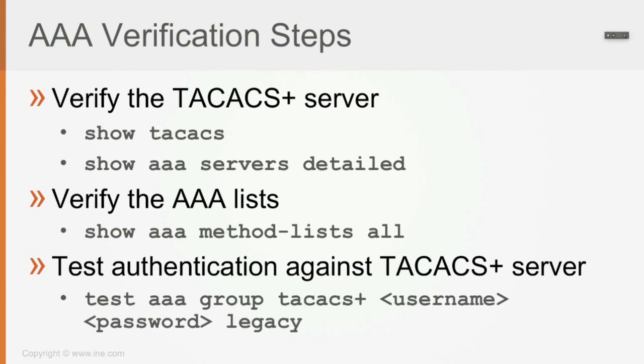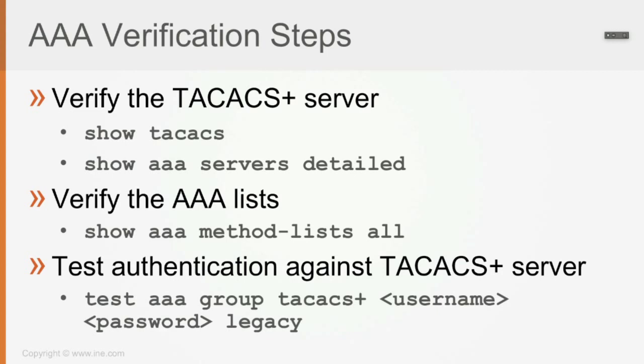And then you want to verify the AAA lists, if the lists have been defined appropriately, with show aaa method-lists all. And optionally, before you even connect to the device to get authenticated, as long as you have configured TACACS integration between the router and the TACACS server, then we can use the command test aaa group tacacs+, and then you type in the username and password and use the legacy keyword.